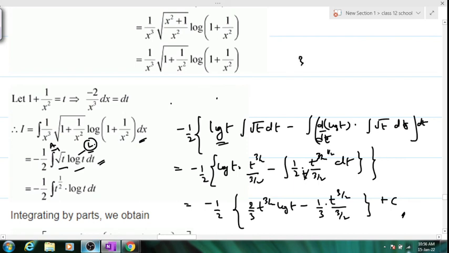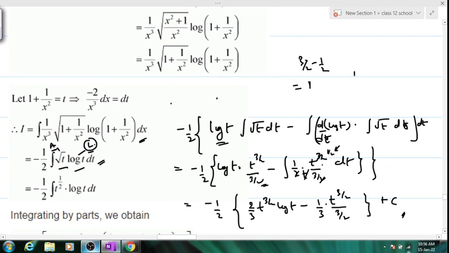Here 3 by 2 minus 1 by 2. You'll have 1 by 1, no? Just a moment. This is 3 by 2 and this is 1. Now we'll be left with 1 by 2 out here.